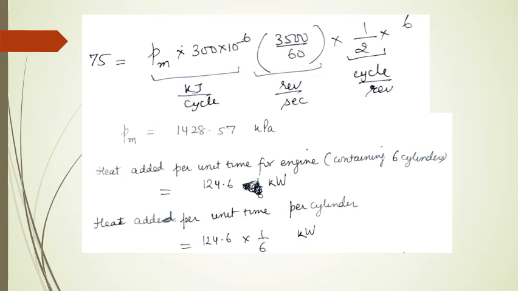The bracketed term, 3500 divided by 60, is the speed of the engine in revolutions per second, and this 1 upon 2 is cycles per revolution, the reciprocal of revolutions per cycle, because in the case of 4-stroke engines 2 revolutions are required to complete one working cycle. 6 is the number of cylinders, and this 75 kilowatt is the power output of the engine.